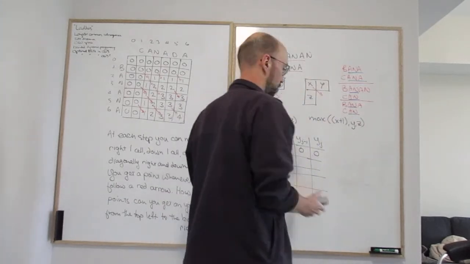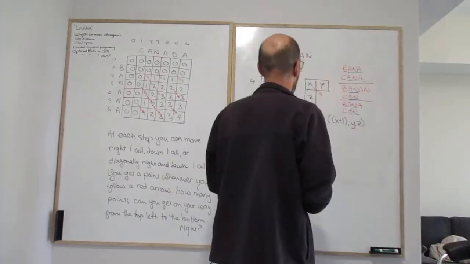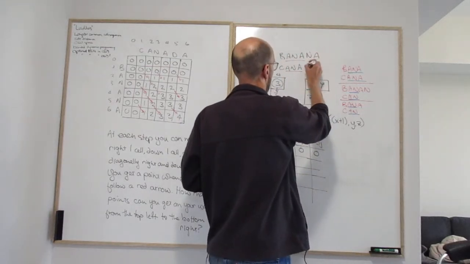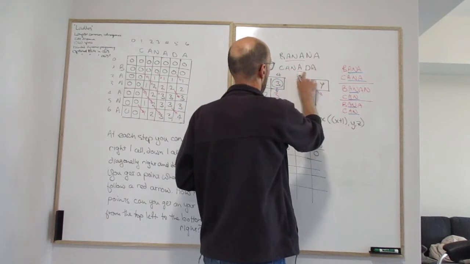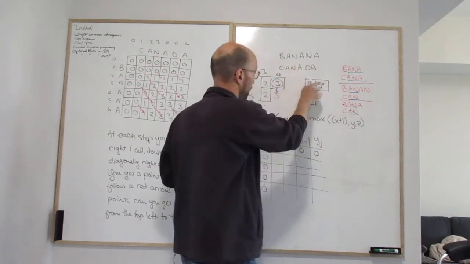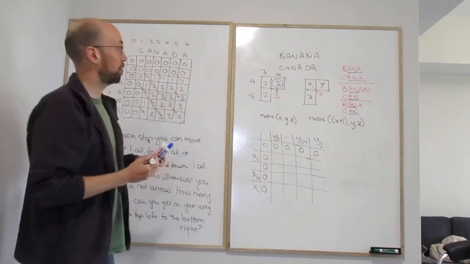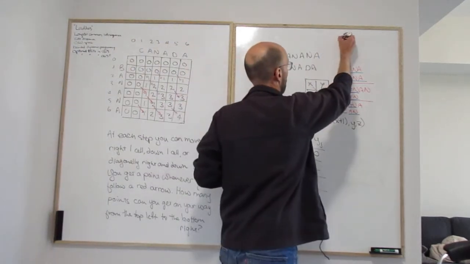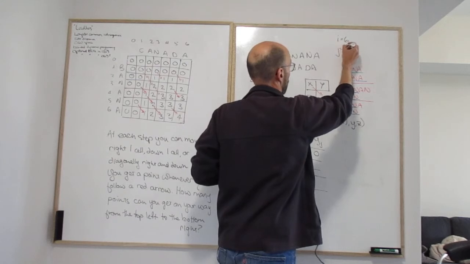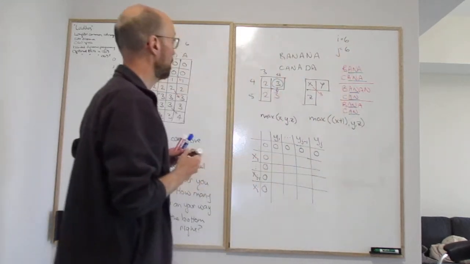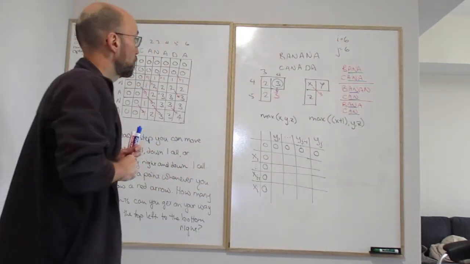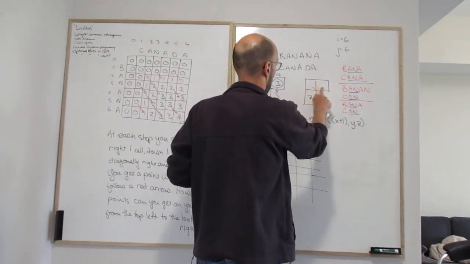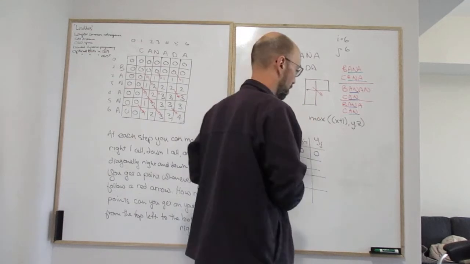Let's look at the case where it's banana and Canada. This is the case where the two final characters do match. So this is I equals 6, J equals 6. Okay? So, what is this matrix?